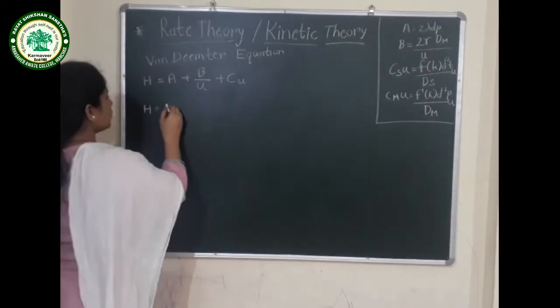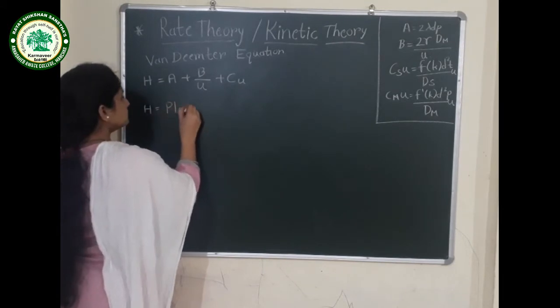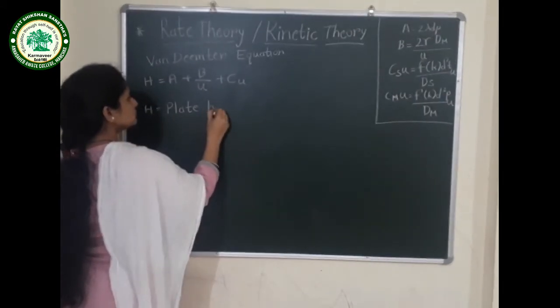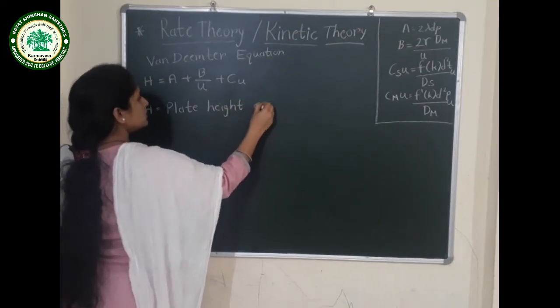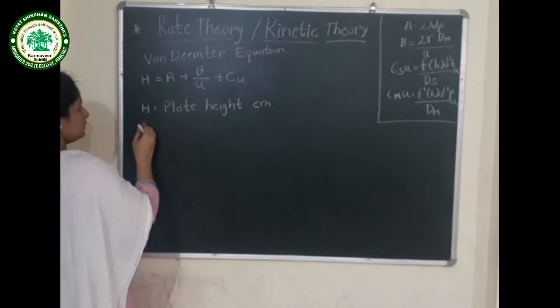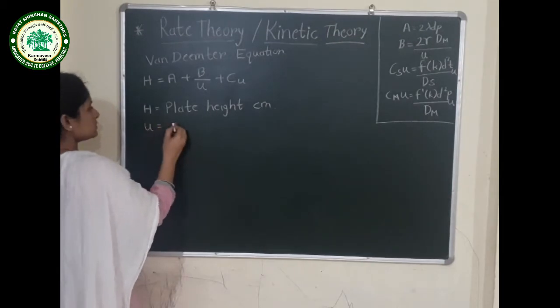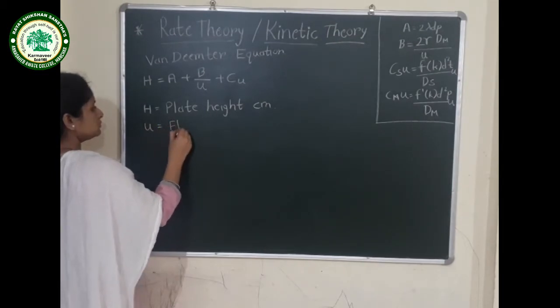This H is equal to plate height. It is given in the unit centimeter. Then the term U is flow rate.